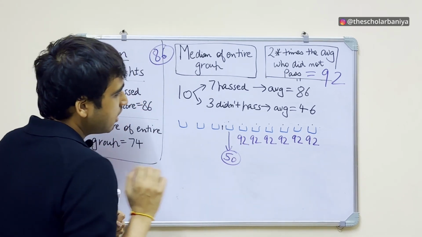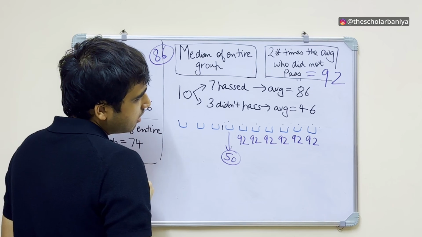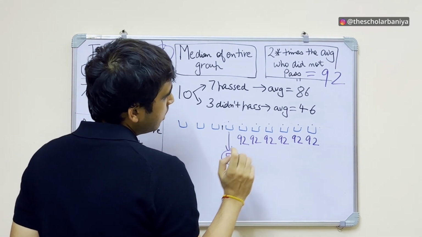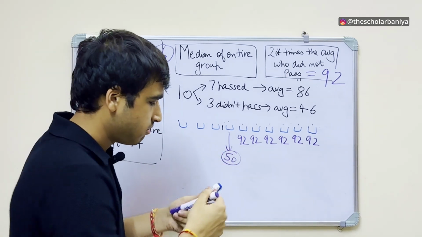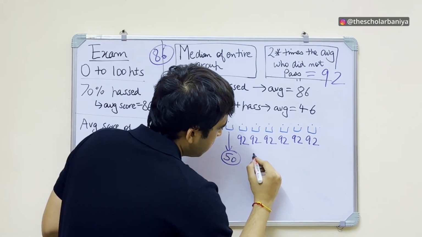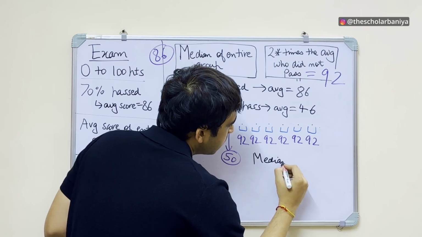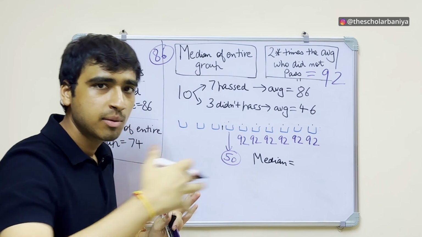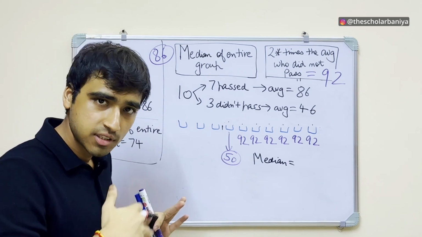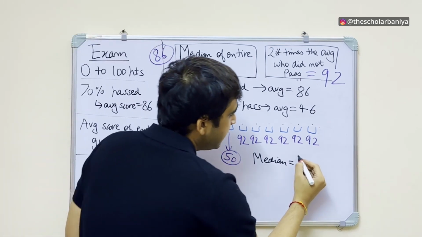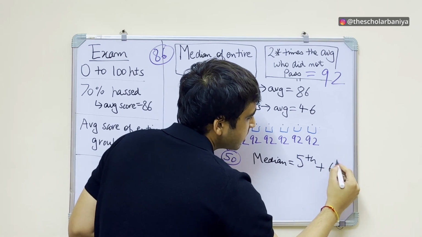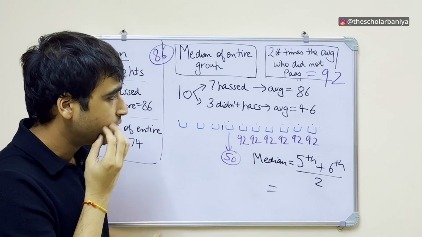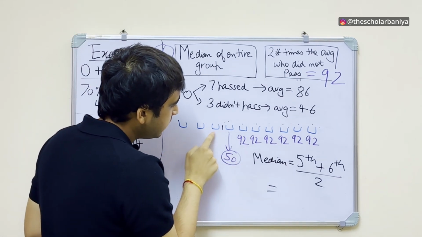Okay. Now tell me one thing, we know what the median is. There are a total of 10 terms, right? So the median is the n/2 term plus the next term, upon 2. So 10 upon 2 means 5. So the 5th term plus the 6th term upon 2. So in this new scenario, what is the 5th term? 1, 2, 3, 4, 5.